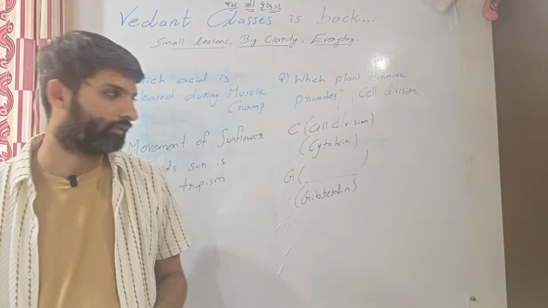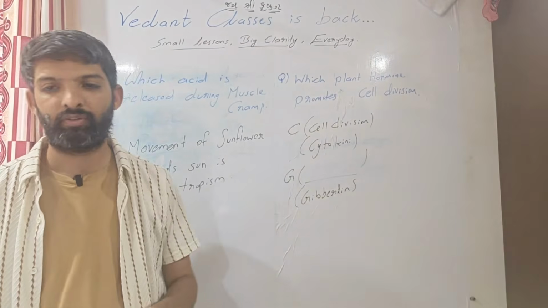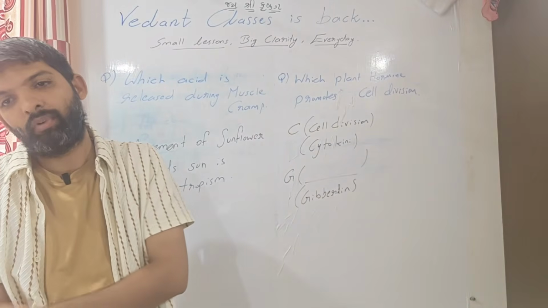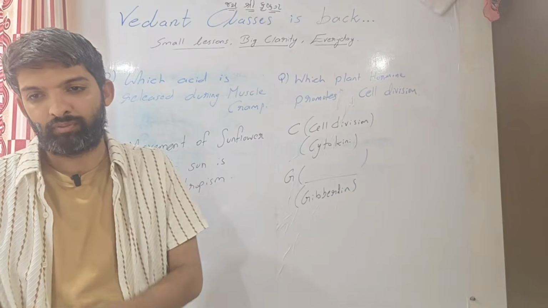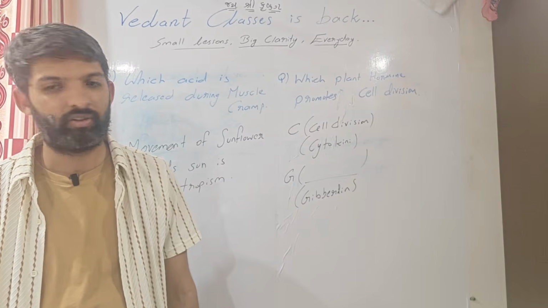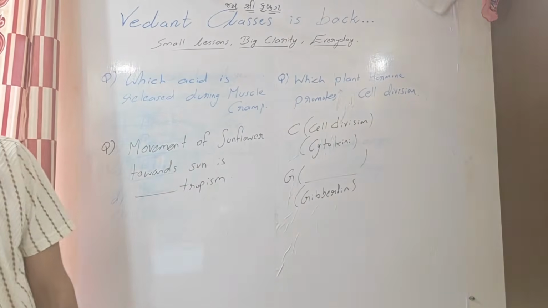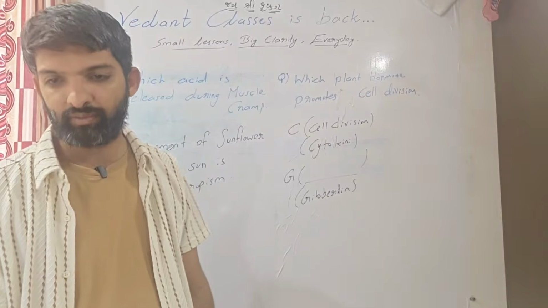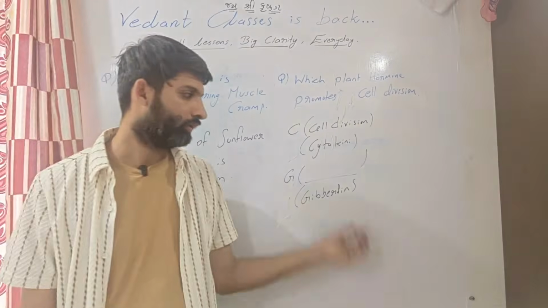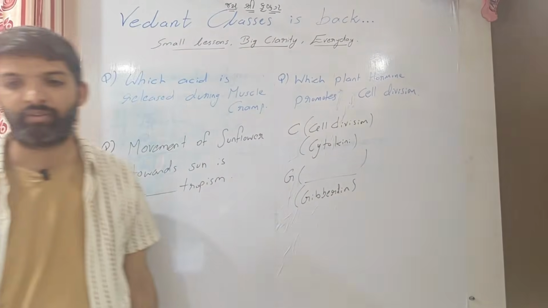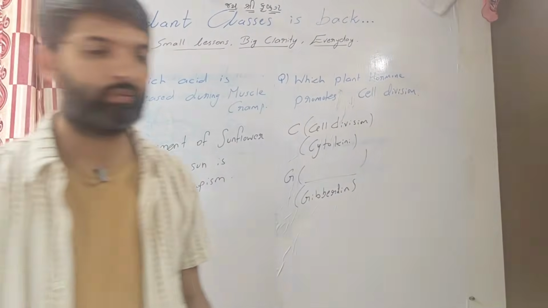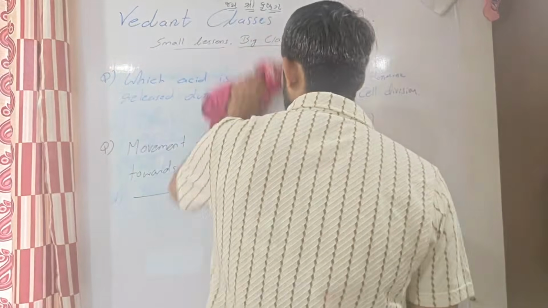Cell enlargement. Cell division, cell enlargement, elongation of cell, that is the responsibility of auxin. Germination, no. Yes, it is growth. Very good, Mishri, Esha. Growth is the keyword for that, and gibberellin is the answer. You just need to identify these keywords when such types of questions are asked.